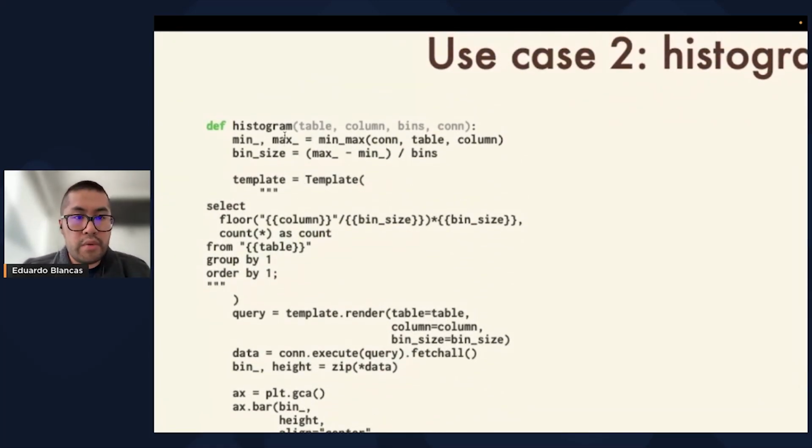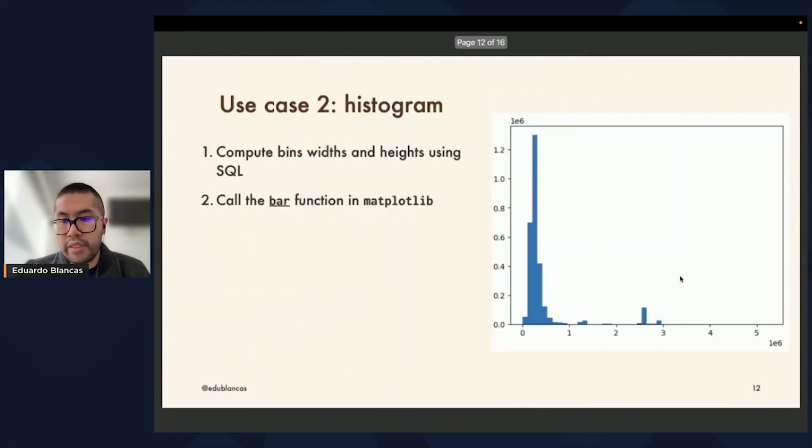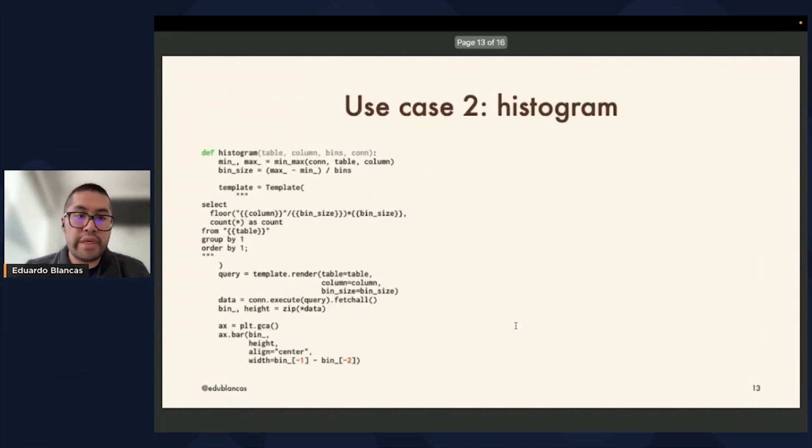So same idea here. We have a function that takes a table as an argument. And remember, this is the path to the CSV file, to the dataset that we want to use as input. The column that we want to use to generate the histogram, the number of bins, and the connection to the database. So the first thing that we have to compute is the range. We need the maximum and the minimum in our dataset.